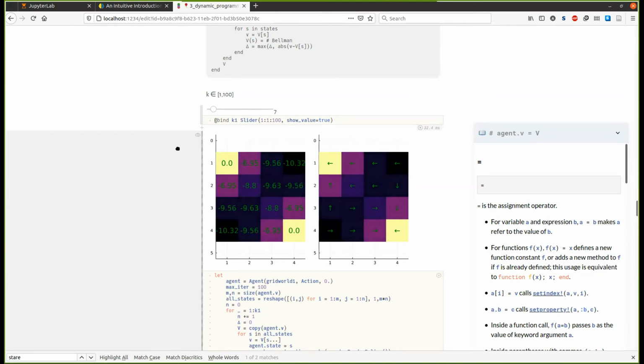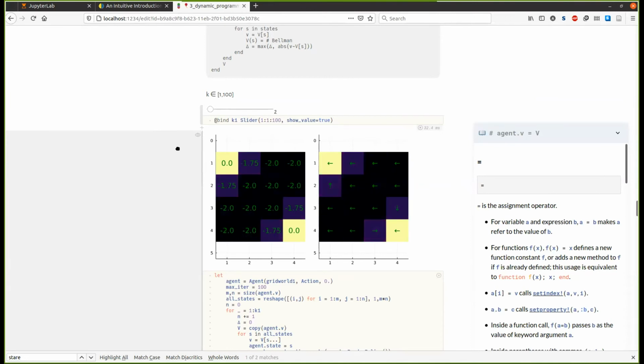By the way, on the right-hand side we have this policy, and I don't show all the arrows because it was tricky.